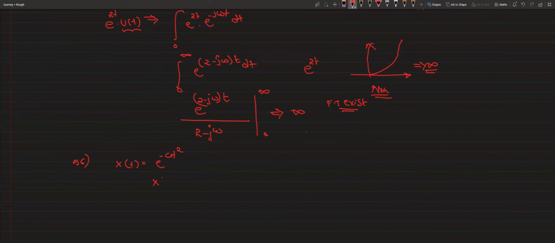So x of f, or x of omega, the Fourier transform, is integration from minus infinity to plus infinity x of t, then e power minus j omega t dt.